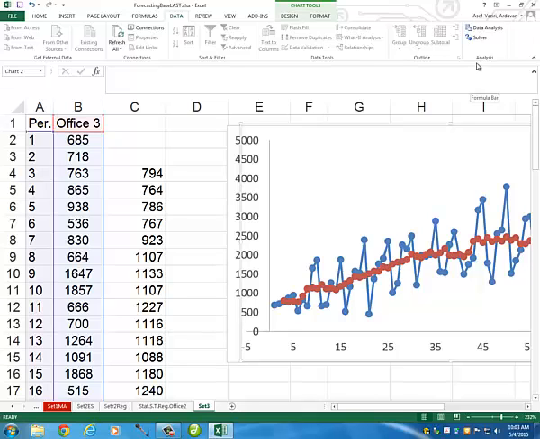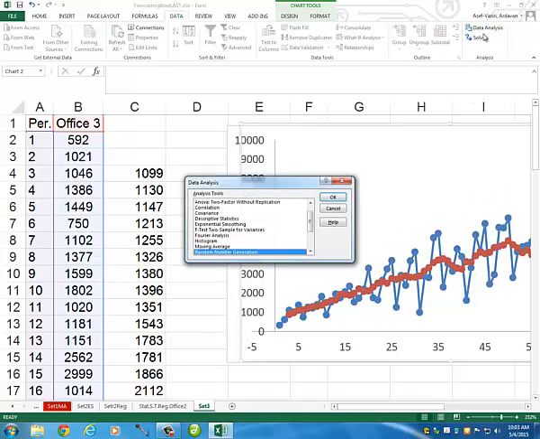Now I have data analysis. I go to data analysis and I say regression. So regression is here. This can be done for any data before deseasonalizing them, or data that doesn't have seasonality.